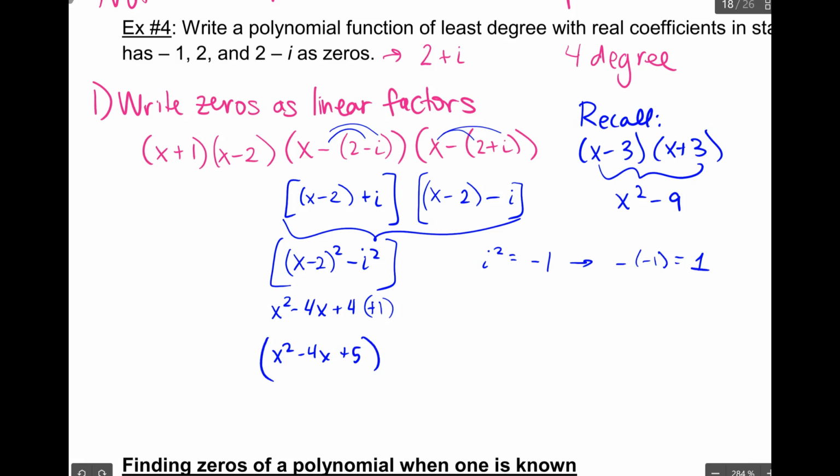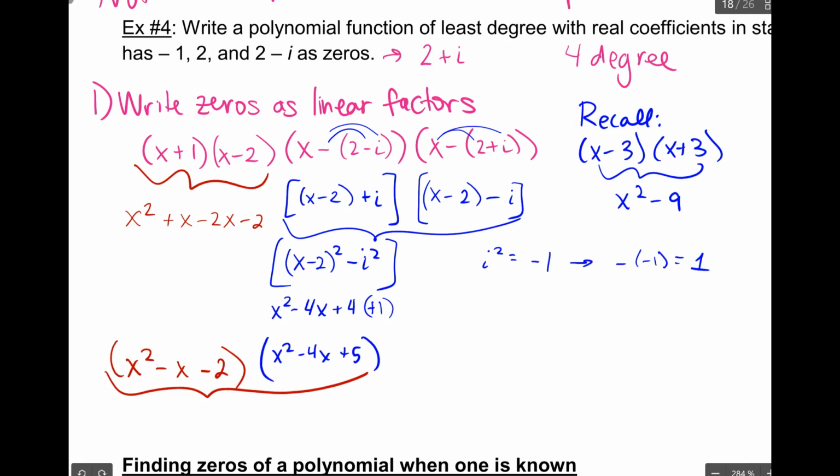Well, let's go ahead and combine these two, that way I can just do 2 trinomials multiplied by each other. So I have x squared plus x minus 2x minus 2. Okay, so combine, that's minus x minus 2. And then I want to combine these 2 trinomials.